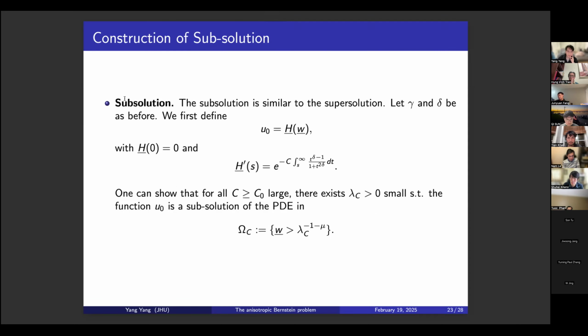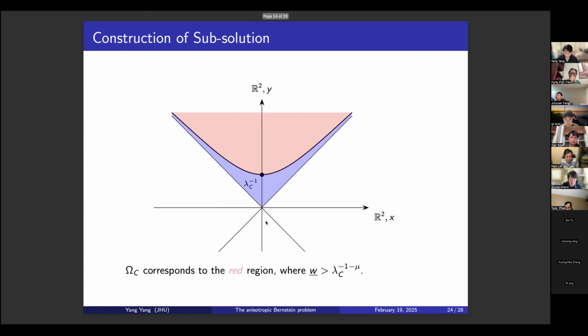For the subsolution, it becomes easier. We still do the same thing. We compose W subbar with an appropriate function H subbar, which you can see is a convex function, because when you take the derivative, we want this equation to have more positive terms. Then we don't necessarily need to make this a subsolution for the whole region. Let's look at the picture.